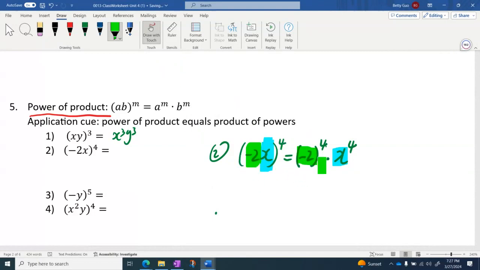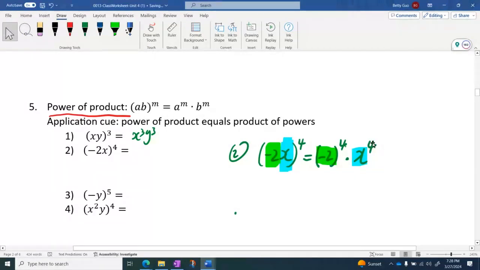So the fourth power applies on the green, multiplied by apply on the blue. But you are not completely done yet. This parentheses that frames the -2 is very important, is necessary. And we can keep going to simplify. We're not done yet.